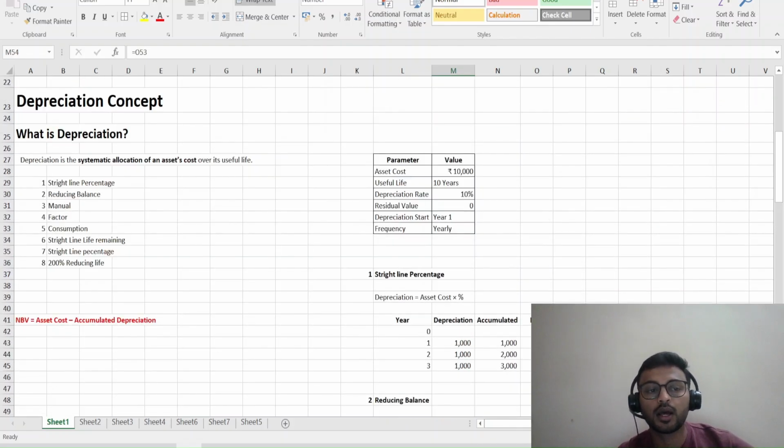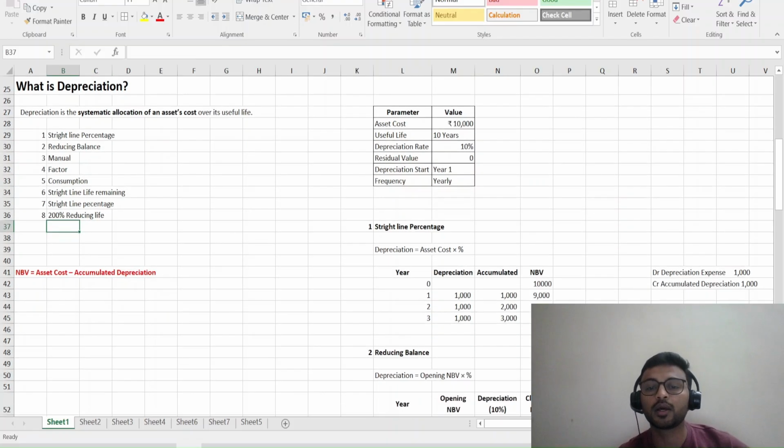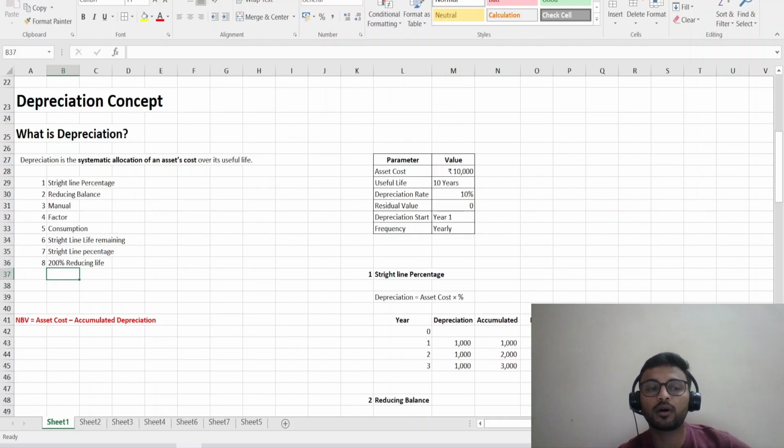The third one. In the system we have a total of 10 or 11 types of options in depreciation calculation. I have covered all the methods here. We have 200% reducing balance, and also 150 and 125. Those are the same only, but concept-wise we are calculating a total of 8 types of depreciation.